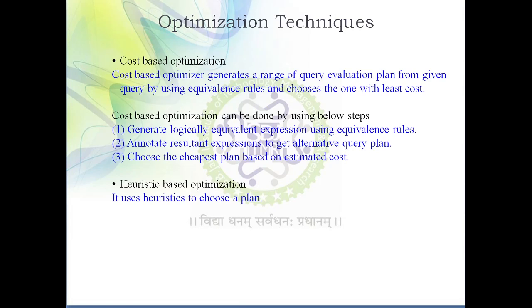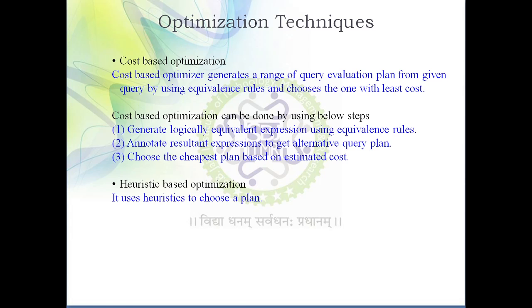Here we need to discuss the techniques that can be used for query optimization. There are two optimization techniques in a database: one is cost based optimization and the second is heuristic based optimization. The cost of a query depends on statistics. Statistics means how many records you have fetched, how many tables you are going to use, how much time it requires, and how many different values there are for a single attribute.